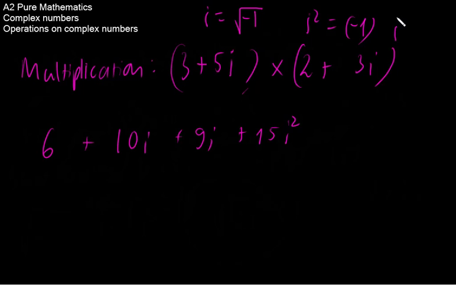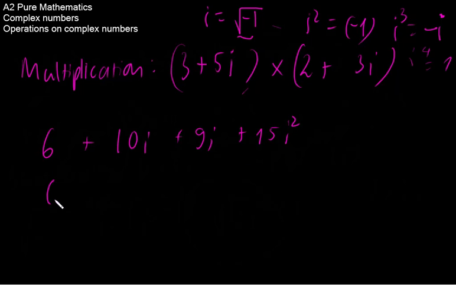And if we have i cubed, that is equal to minus i. And so i to the power 4 is 1. So it is just basically the same operation as if this were a positive real number. And so here, i squared is minus 1.